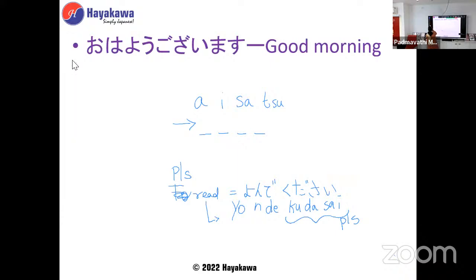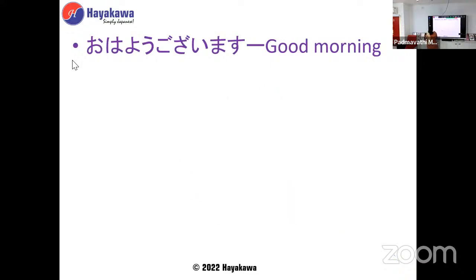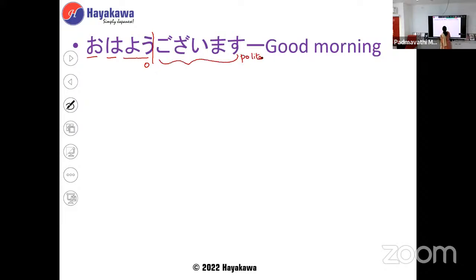Ohayo gozaimasu, which means good morning. The short version is Ohayo. O and U is there, but we pronounce it as O only. Gozaimasu is like the polite ending. To your friends, you can stop with Ohayo, okay. But gozaimasu is the polite version.